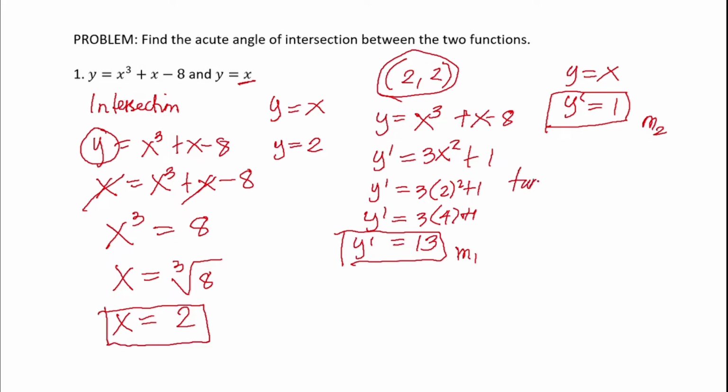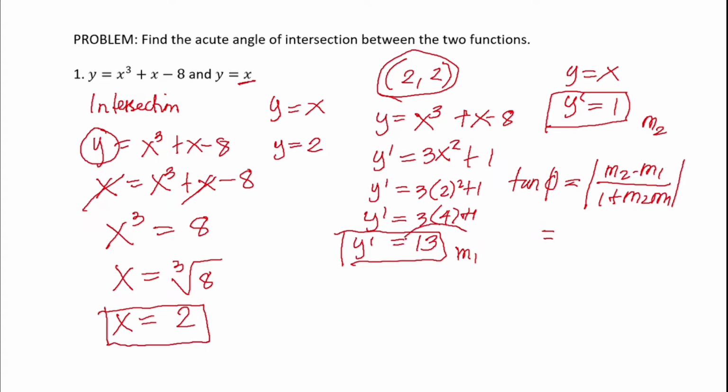So tangent phi is equal to the absolute value of m2 minus m1 over 1 plus m2 times m1. Sometimes we cannot take the absolute value, but mostly the angle is greater minus the lower.